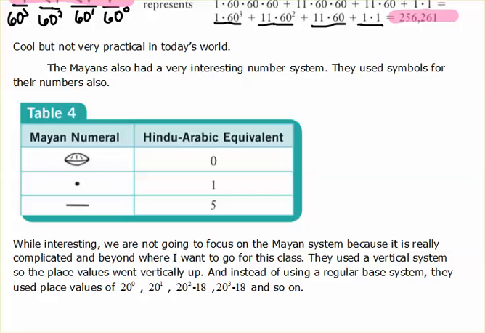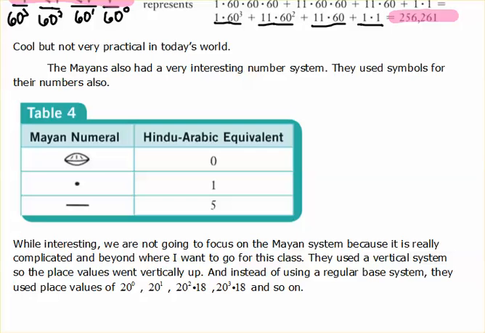Now, the Mayans also had a very interesting number system, especially because they were the first ones to talk about the concept of 0 being a number and not just meaning necessarily nothing, but being an actual number, an actual concept.